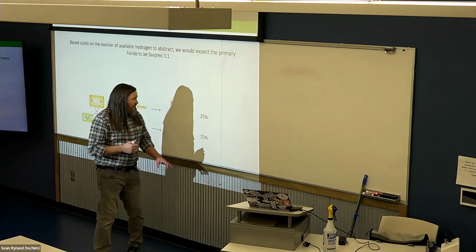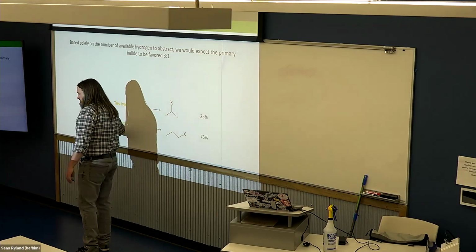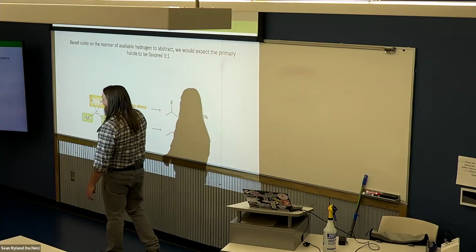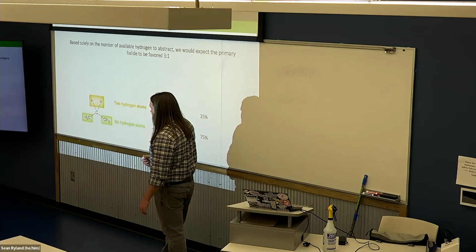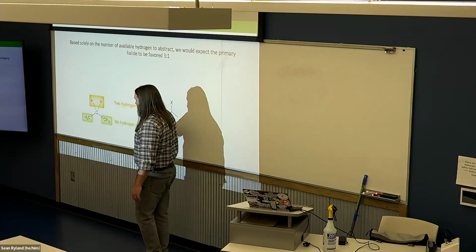So basically the statistics would favor making the primary chlorine, just because there's more hydrogens that do that. So it's the bottom one.